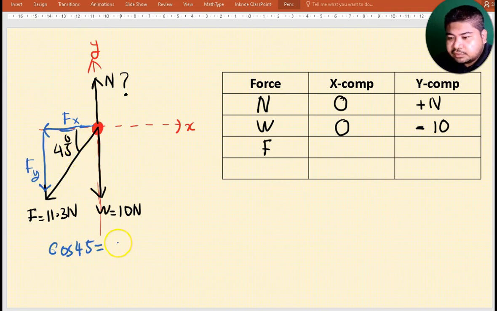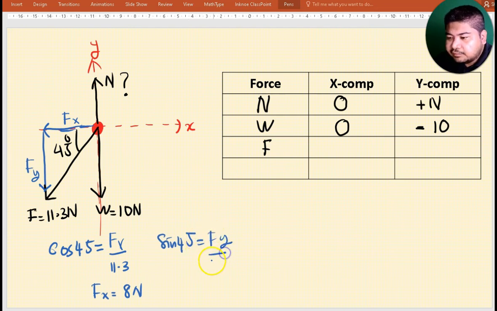So cos of 45 is fx over 11.3, so you get fx equals to 8 Newton. And then if we're using sine 45, equals to fy over 11.3, so fy is also equals to 8 Newton.